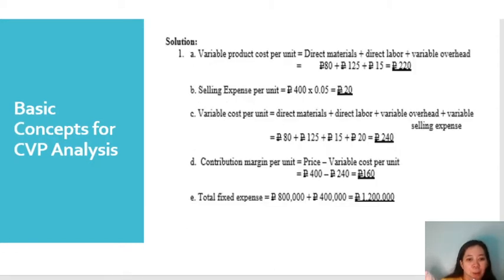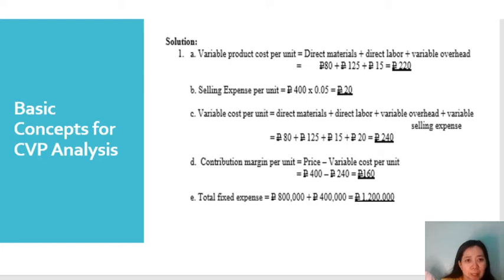Okay, so for the solution, for number one, letter A, the variable product cost will include your direct materials, direct labor, and variable overhead. Again, the requirement here is for you to compute for variable product cost.